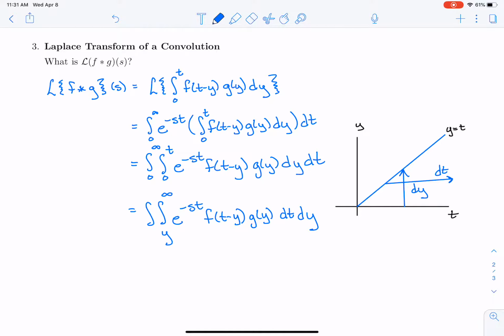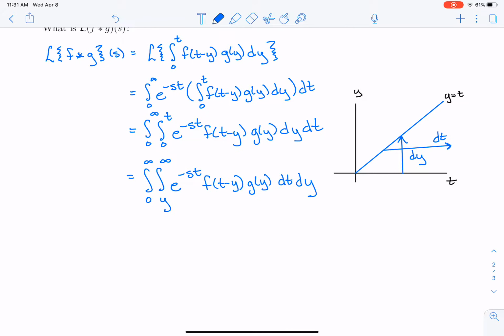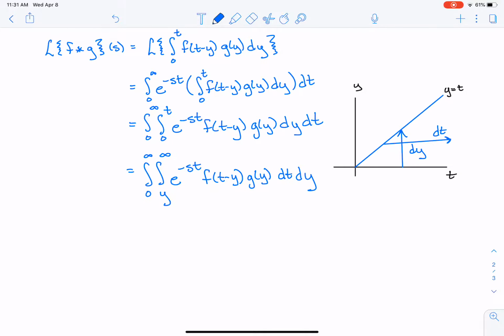I want you to see that if I'm doing dt first, then I'm going to start at the line y, and I'm going to go to infinity. And then y will then go from 0 to infinity. So that's the way in which we changed the order of integration when we were doing multivariable calculus.